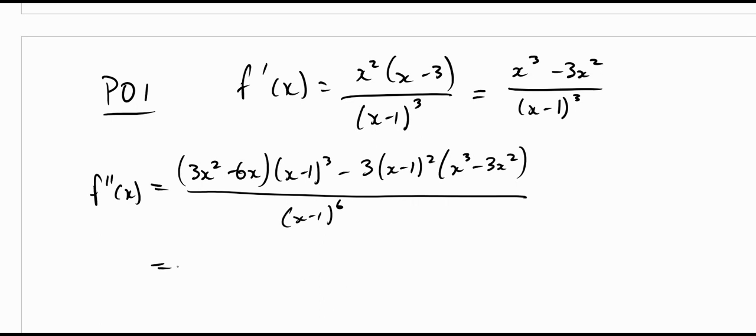Again, I see that there's some stuff that I can common factor to maybe simplify this, but the order in which you do this is entirely up to you. That's why you got to kind of figure it out for yourself. But I'm going to factor 3x out of that first bracket. So 3x and x minus 1 all squared. And when I factor out a 3x, I get x minus 2 times x minus 1. So the 3 is gone, the x minus 1 squared is gone, and there's an x factored out of there.